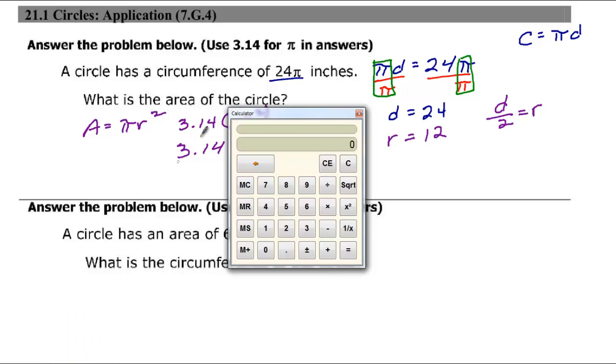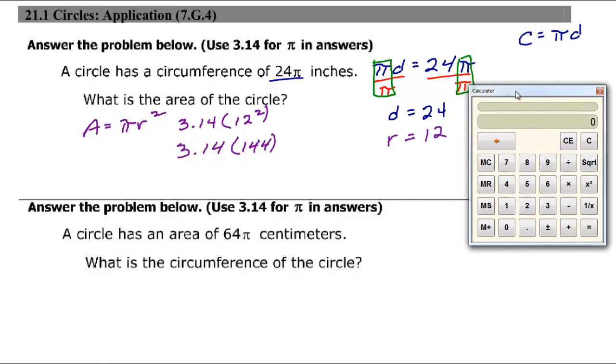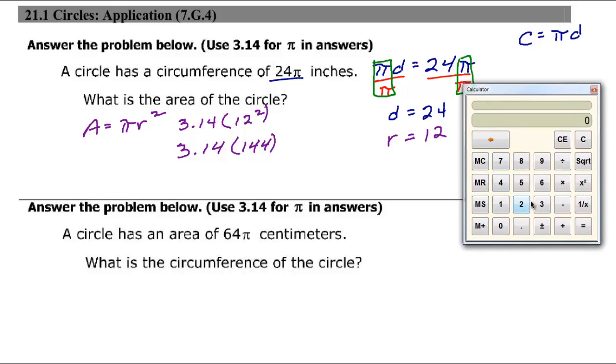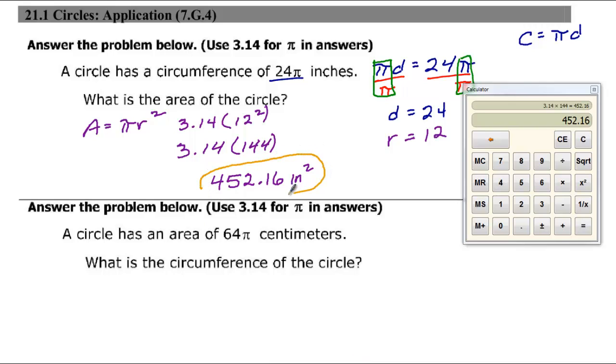When you come in to take the test for this, you're allowed to use a calculator. 3.14 times 144 equals, and my final answer is 452.16, and this was inches, so it would be squared inches. That's our final answer on the first problem.